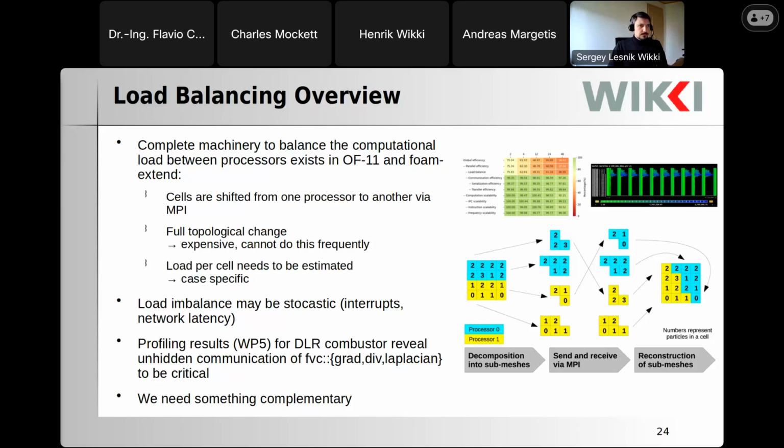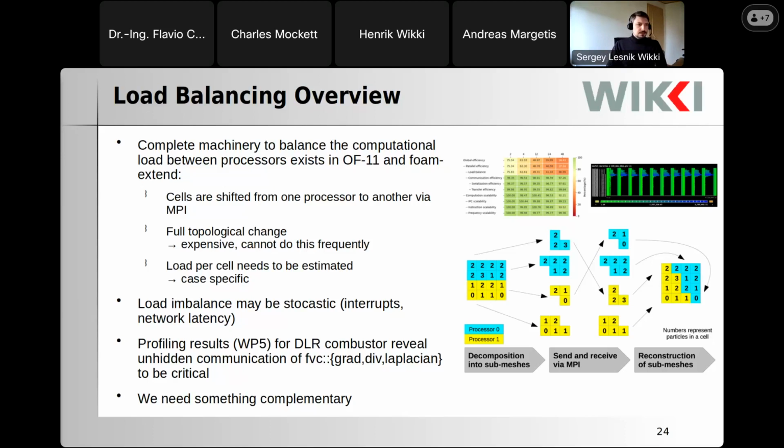However, as Sergey already mentioned, this is not the only metric that should be used. The number of processor boundaries and also the distribution over the machine is important. You could also say that the number of phases is important because those are the big loops in the sparse matrix multiplication, and so on.